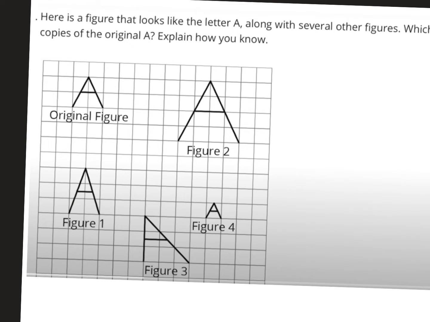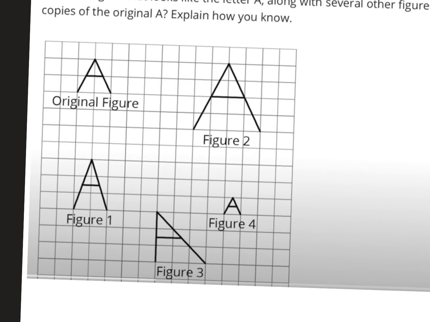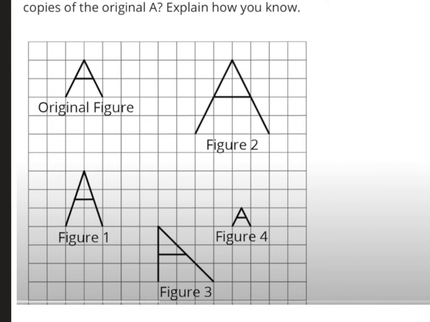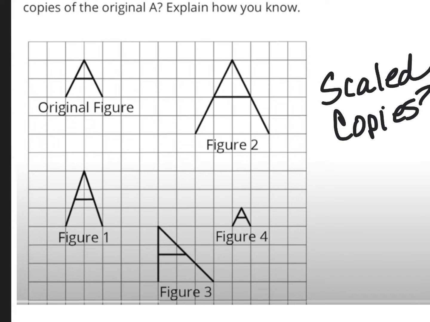All right, so I have a question for your table. So, we see our original figure is clearly labeled as original, right? I've got two questions for you. First of all, are there any scaled copies to original figure A?